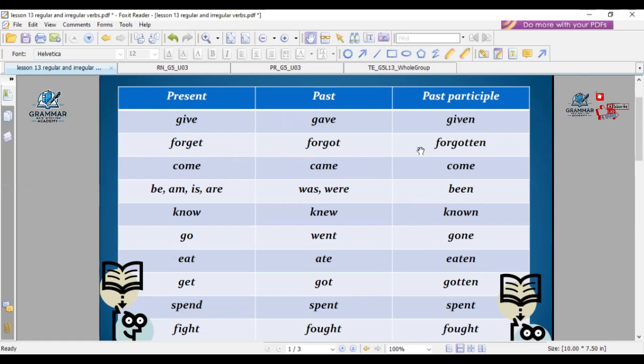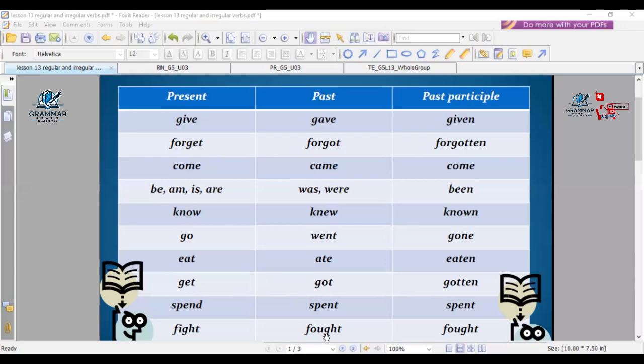Forget, forgot, forgotten. Come, came, come. Be, is, are, was, were, been. Know, knew, known. Go, went, gone. Eat, ate, eaten. Get, got, gotten. Spend, spent, spent. Fight, fought. Thank you so much, Abdurrahman.